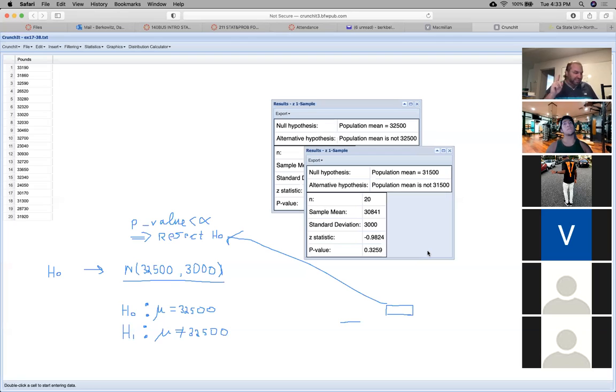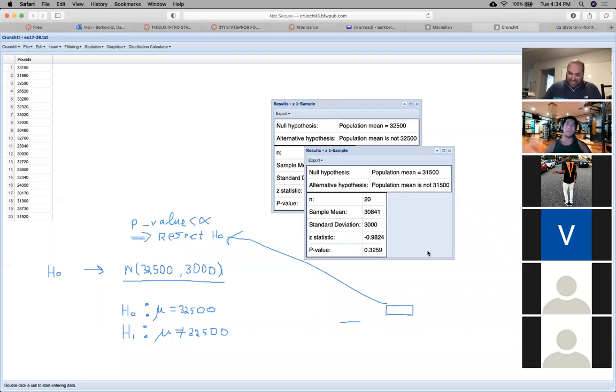So again, we never accept anything. It's whether we reject or do not reject. So we do not reject the null hypothesis, but you don't accept it. It's like saying guilty versus innocent. Have you ever heard a court say, we find the defendant innocent? Is that what they say? What do they say in all these court shows?